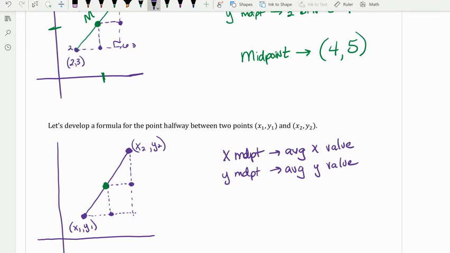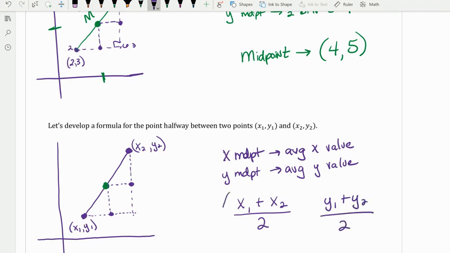Okay, well, to get our x midpoint, I'm going to take my two x values, x1, add it to x2, and then divide by how many x values there are, which is 2. To find my y midpoint, I'm going to take the y values and add them together, and then divide all that by 2.